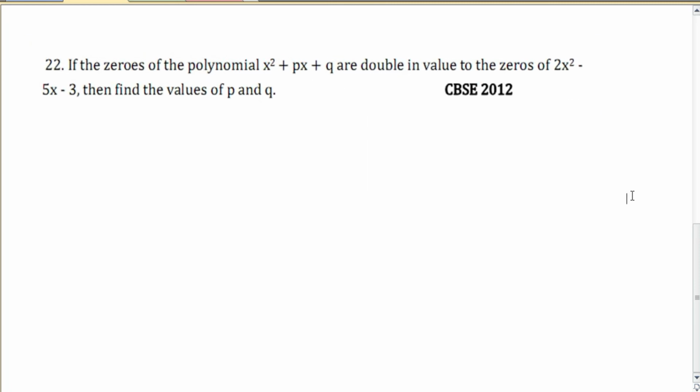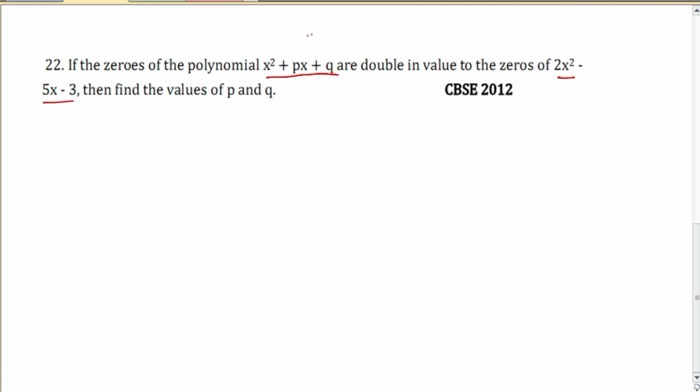So here they have given if zeros of the polynomial x square plus px plus q are double in value to the zeros of 2x square minus 5x minus 3, then find the values of p and q is your question now. Now zeros of this are double compared to zeros of this one.